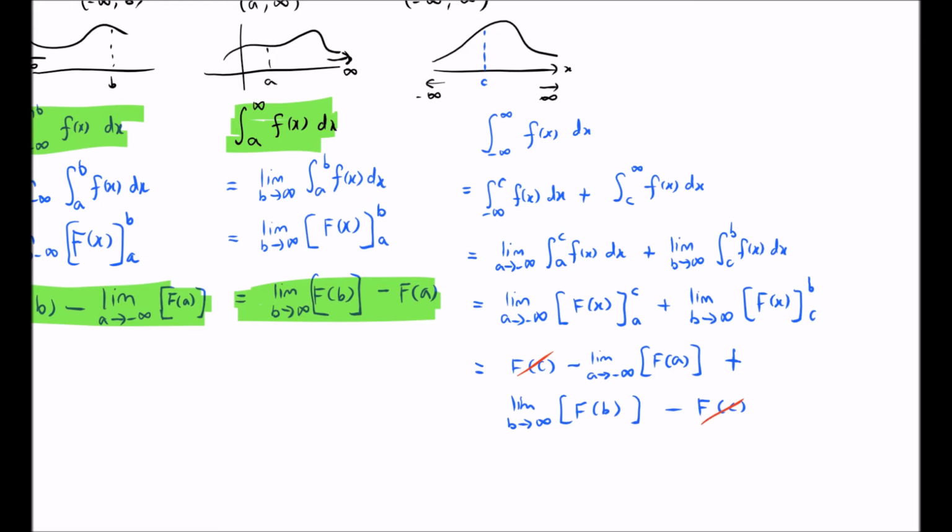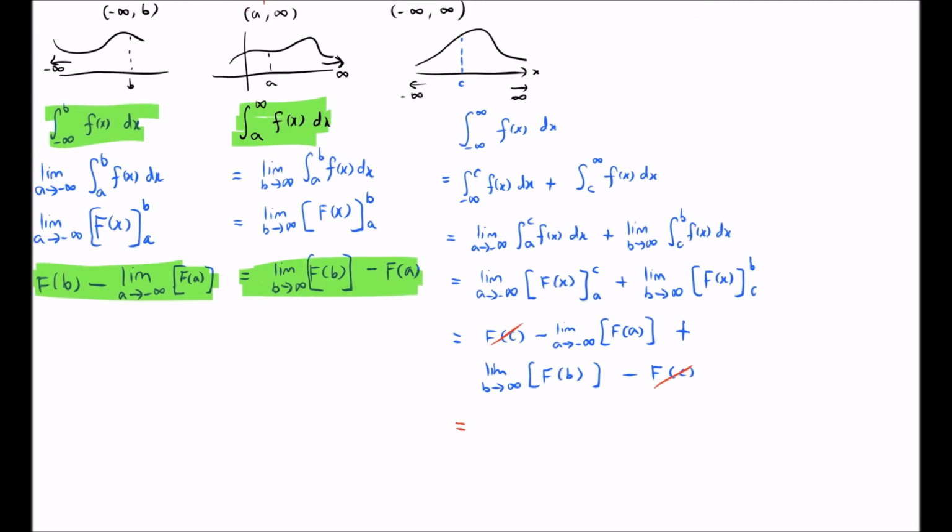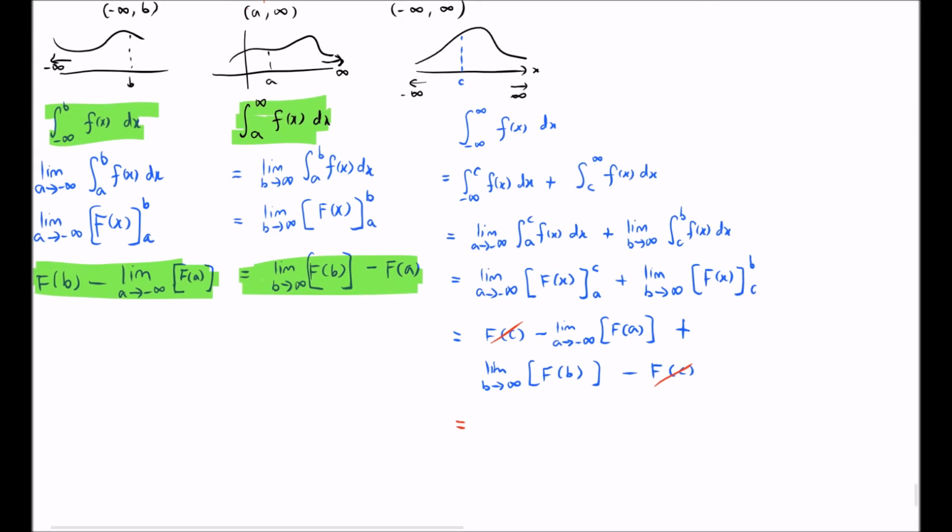So finally your negative infinity to infinity ends up with the limit as b approaches infinity of F(b) minus the limit as a approaches negative infinity of F(a).